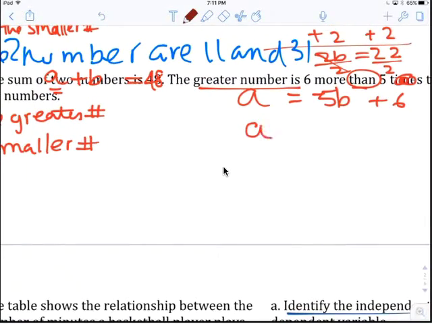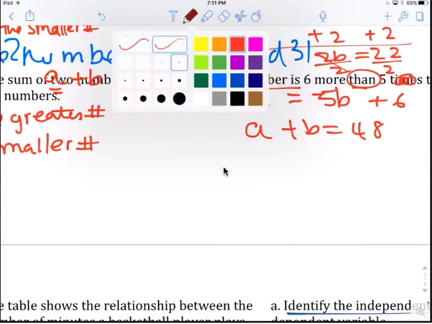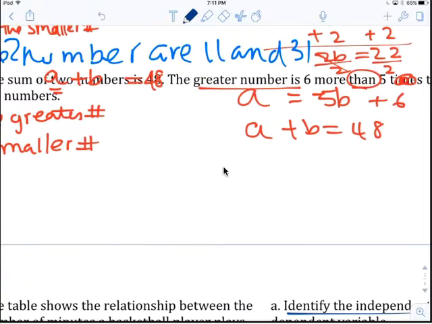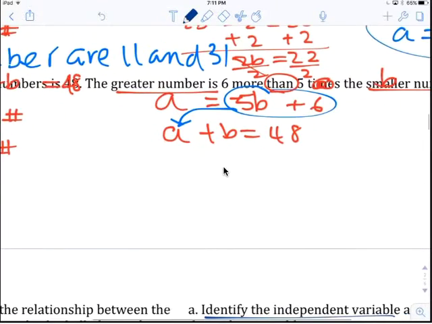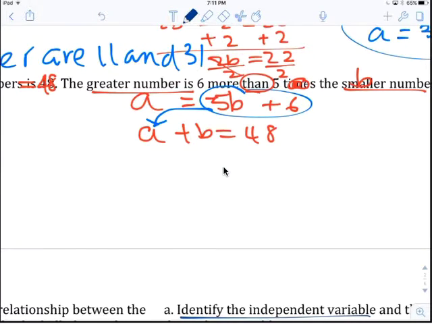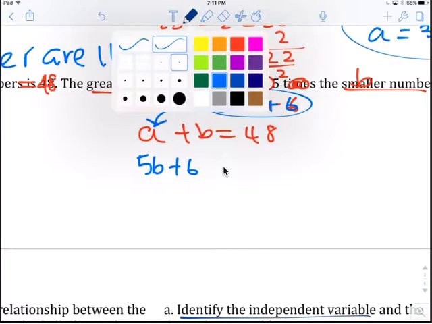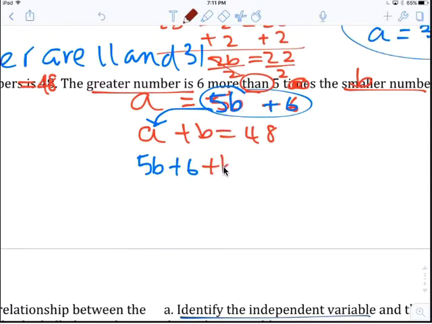Okay, we got A plus B equals 48. We use substitution here. We substitute this into where A is. This is 5, not negative 5. So you get 5B plus 6 where A is, and then we leave everything else the same, plus B equals 48.